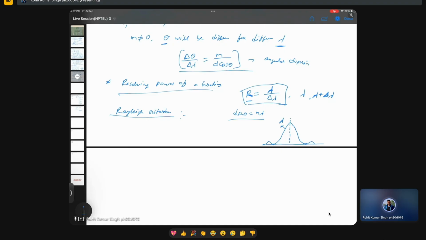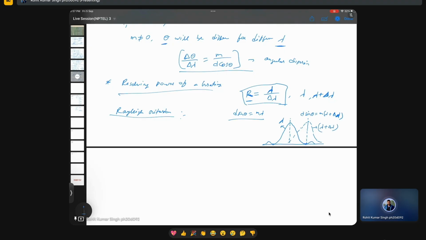Now if you have another wavelength of light which is lambda plus d lambda, the principal maxima for this will be a little bit shifted. For example, I am drawing it like this. So suppose this is for lambda plus d lambda.